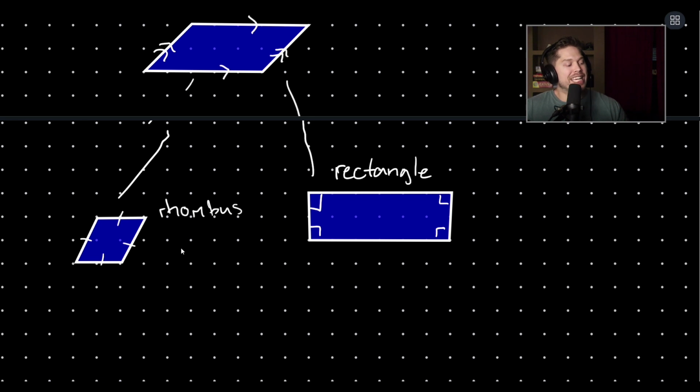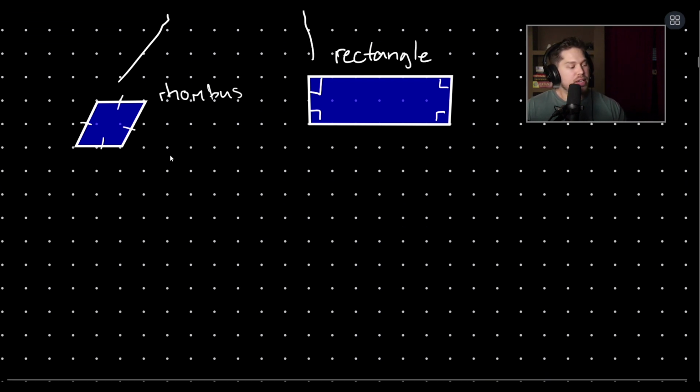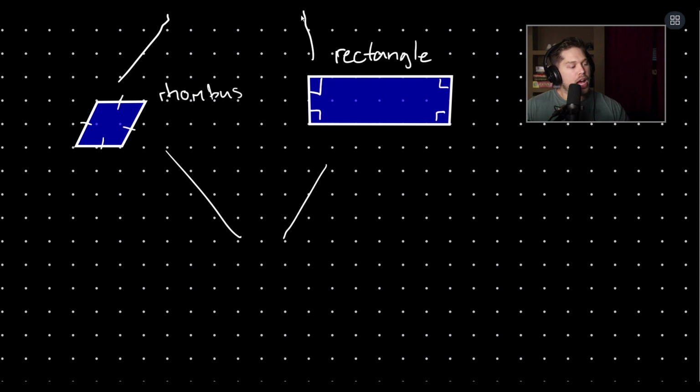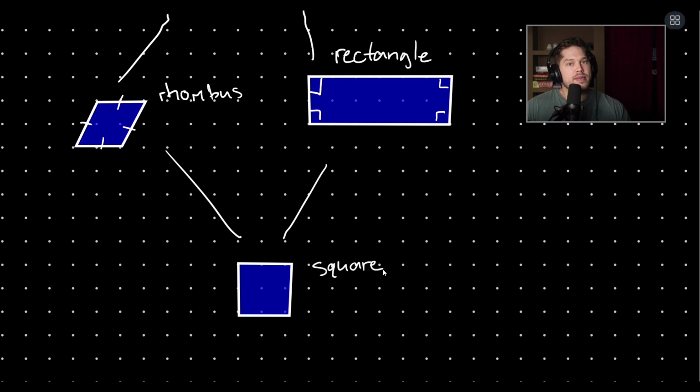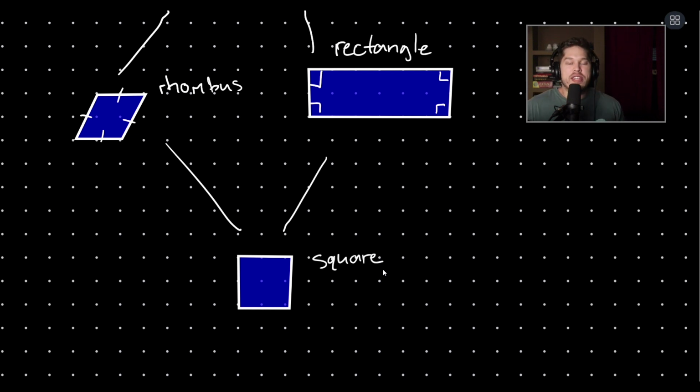And then if we combine the attributes of our rhombus and our rectangle, where we have all 90-degree angles and all of our side lengths are equal, then we have our good friend, the square. Okay, so this is why you might have heard the expression that all squares are rectangles, but not all rectangles are squares.